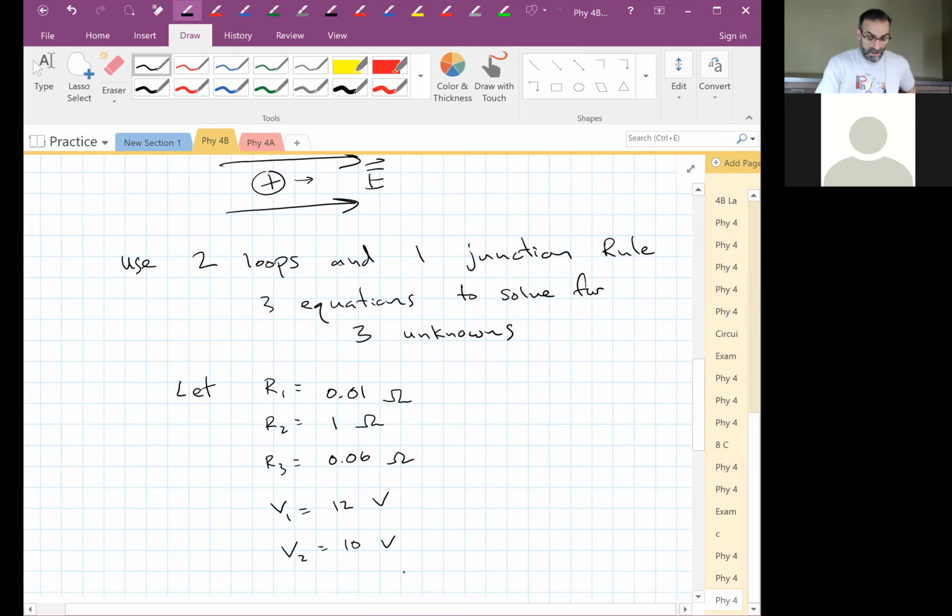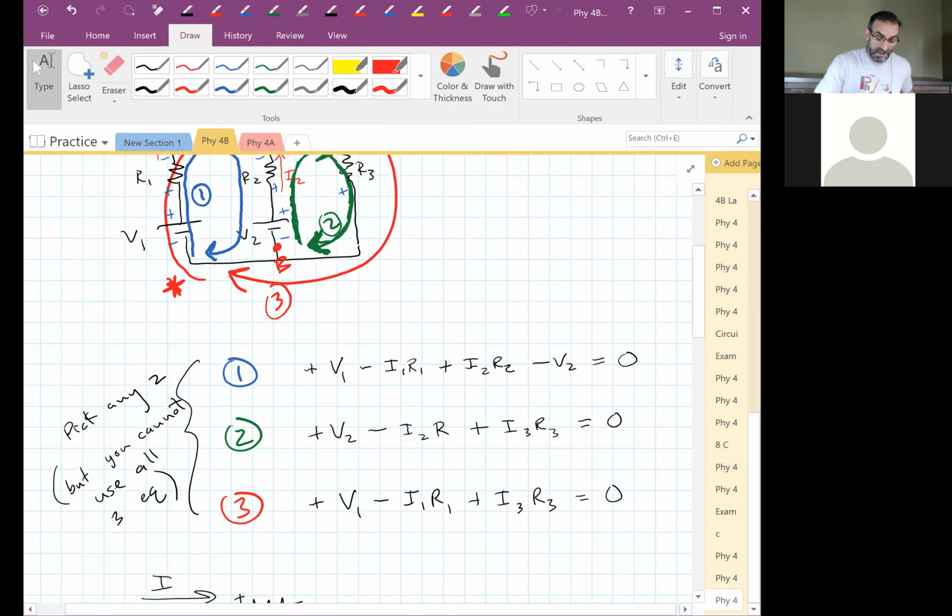Okay, so if we plug in these numbers, what are we doing? We're solving simultaneous equations, right? We've got three equations, three unknowns. One way to do it is just power through it, doing a lot of algebra until you've figured it all out. The other way, you all have those fancy computers that can solve matrices.